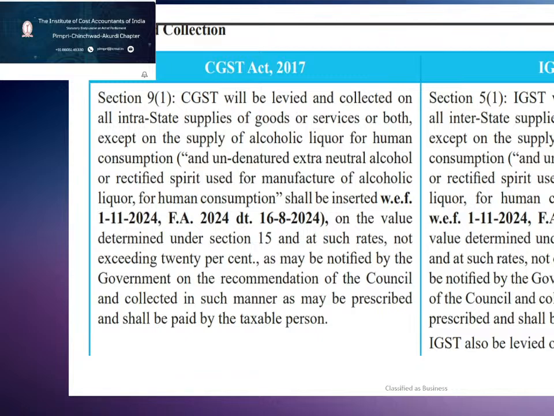Who is liable to pay the tax? These are the 4 important aspects. Once we complete this section 9, you will have some idea about the levy and collection, if the transaction is from the supplier to the buyer.